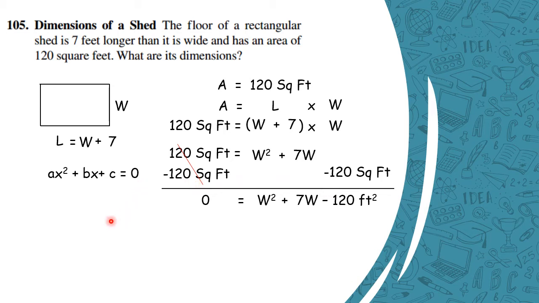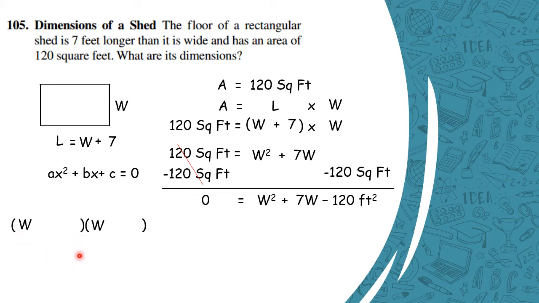This binomial, we can use reverse FOIL and know that it's a product of two terms. In parentheses, we'll set it up with two parentheses. So the w squared will be split up in the parentheses as the first term of what's inside the parentheses.